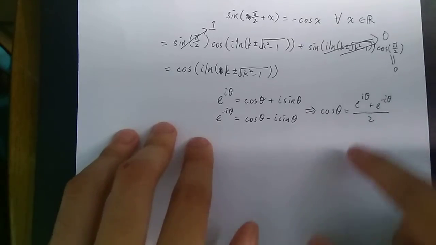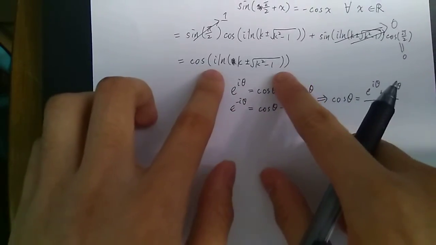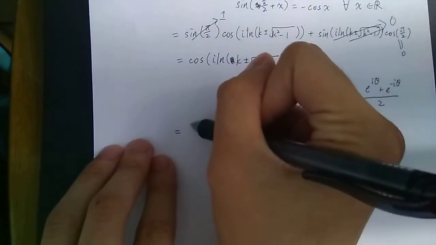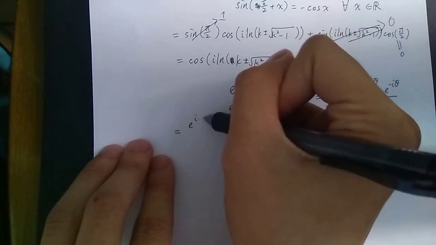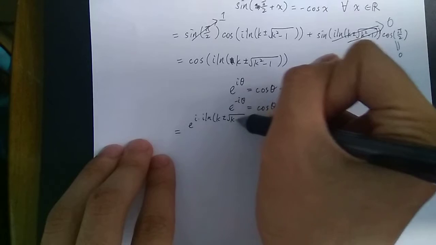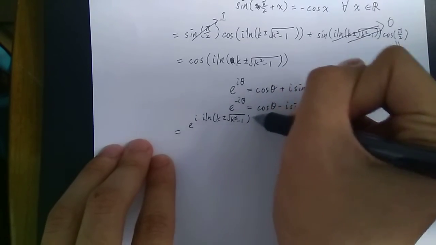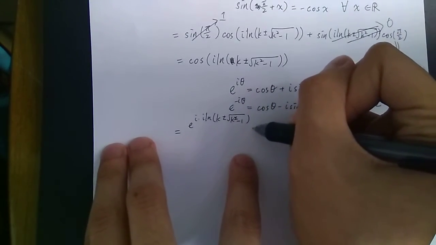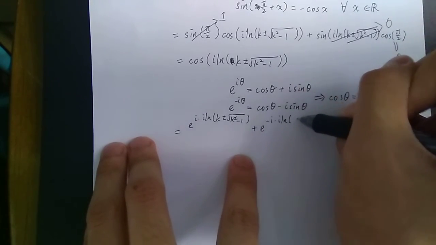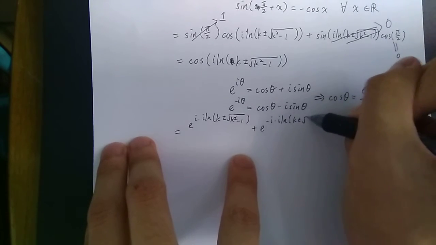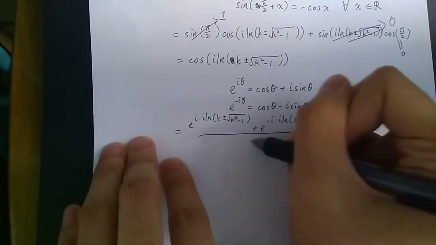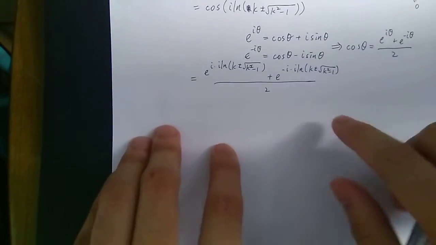And when we plug this into theta, we will get e to the i times i natural log of (k plus or minus square root of k squared minus 1), and the second one, e to the negative i times i natural log of (k plus or minus square root of k squared minus 1), all over 2.